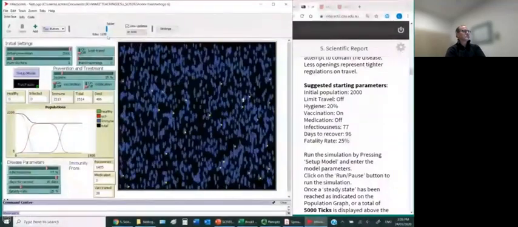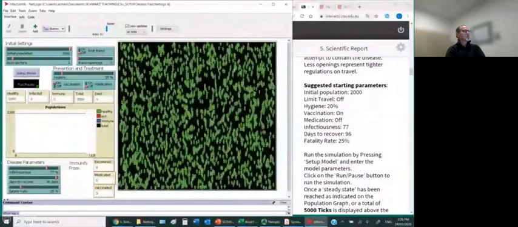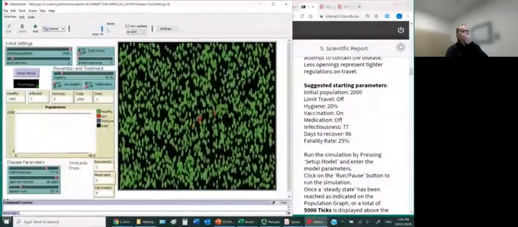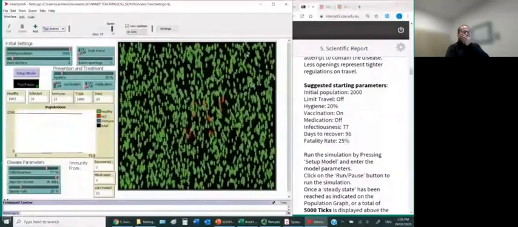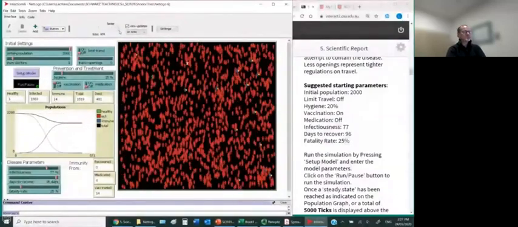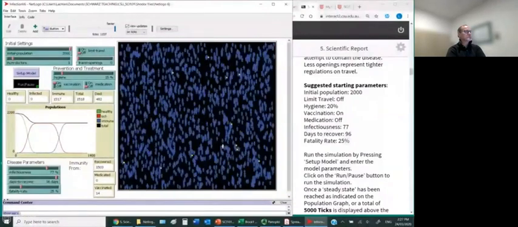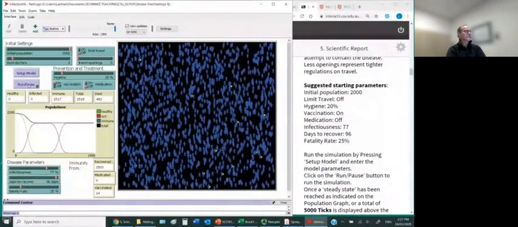Let's speed it up again, to about the same number of ticks, about 1,200. See how fast it's going. And I'm going to press pause. So it's around 1,350 ticks. We have everyone immune, and we have a few people immunised.